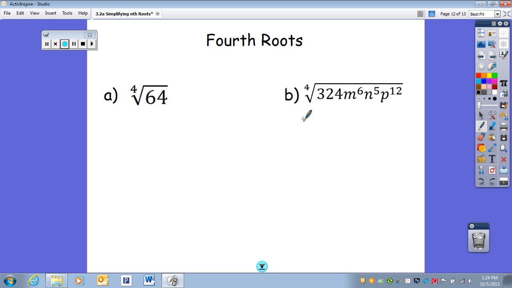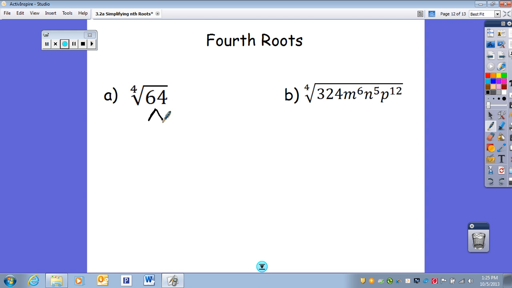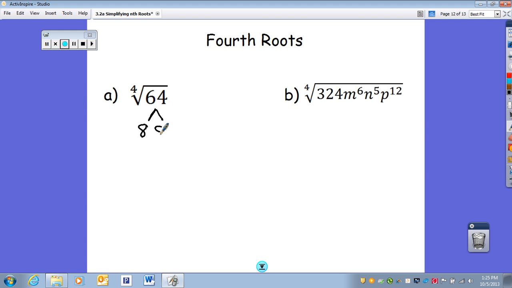Let's take a look at some fourth roots. So I have 64. I'm going to break that into 8 times 8. I'll break that into 4 times 2 and 2 times 2. And again 4 times 2 and 2 times 2. So when I rewrite my fourth root, I want to put all of mine in groups of 4.